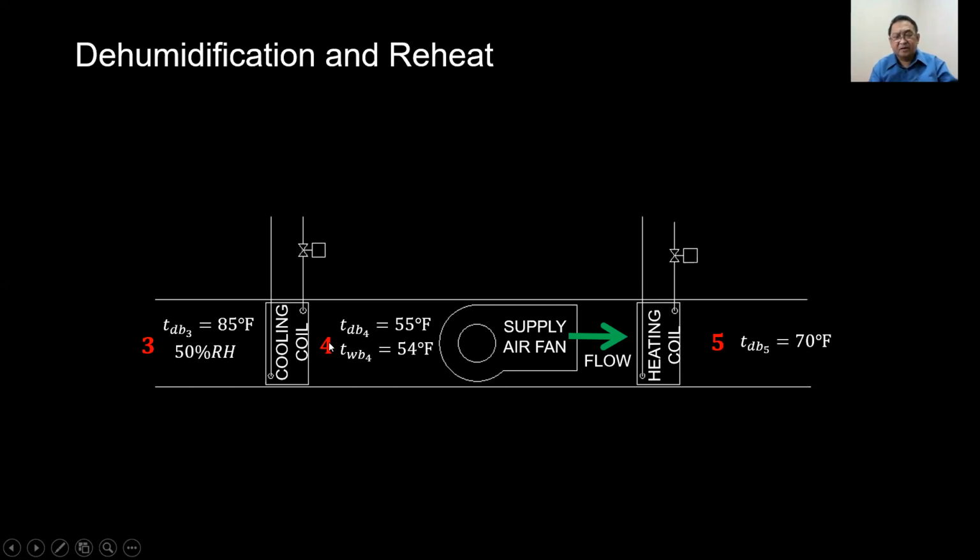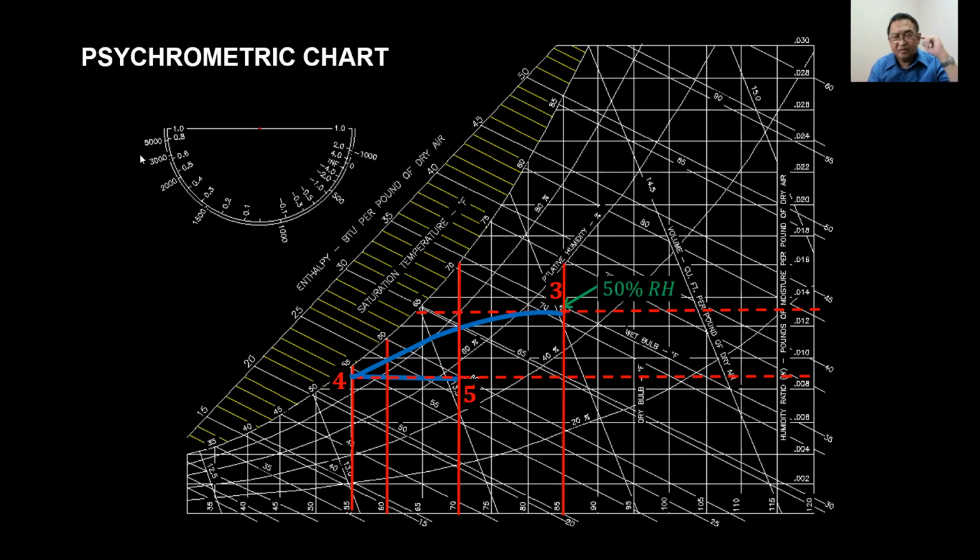If you graph it, the humidity is low, but the temperature is very low. It's not comfortable, so we want to raise the temperature. We already have an acceptable amount of moisture here, but we want to raise the temperature to a comfortable level of 70 Fahrenheit at point 5.